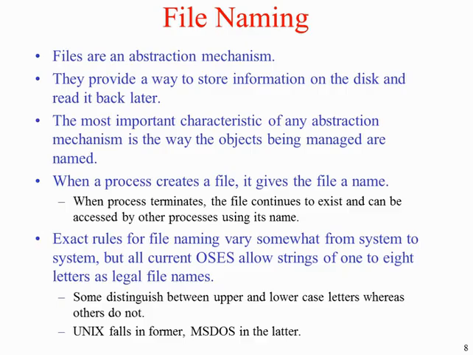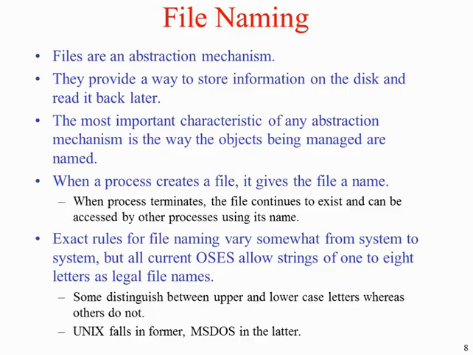The most important characteristic of any abstraction mechanism is the way the objects being managed are named. So in a file system also, in order to manage these files properly, proper naming of those files is required. Whenever a process creates a file, it gives a name to that file, and when the process terminates, that file continues to exist with the name that was given during its creation.